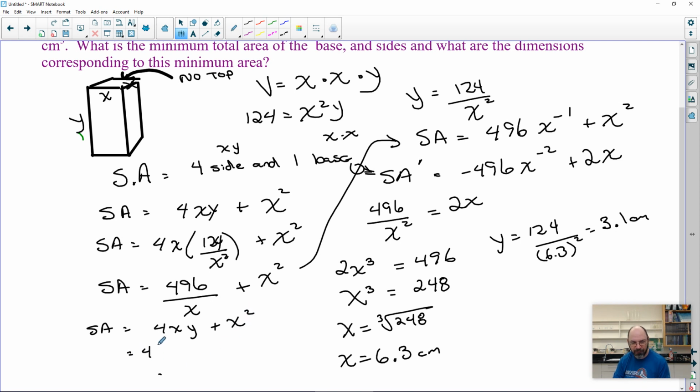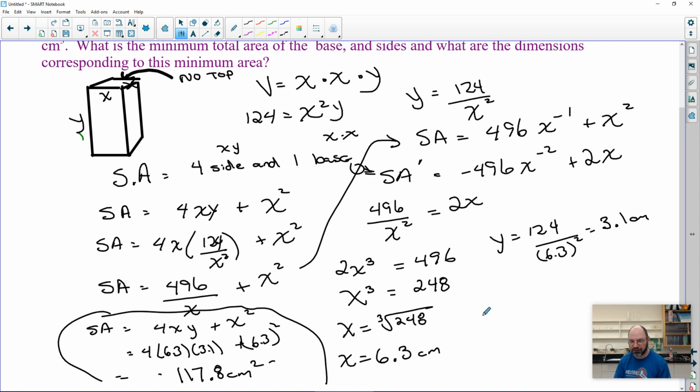So this would be 4 times 6.3 times 3.1 plus 6.3 squared. 4 times 6.3 times 3.1 equals 78 point something, plus 6.3 squared, so 117.8 square centimeters is our surface area.